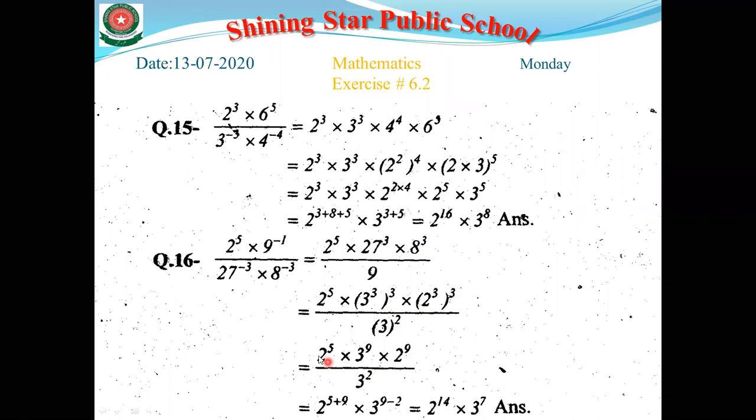Now bases are same, so powers will be added. 5 plus 9, here 9 minus 2, because when you take 3 square from the denominator to the numerator, its power sign is changed, plus 2 changes into -2. So it becomes 9 minus 2, 7.